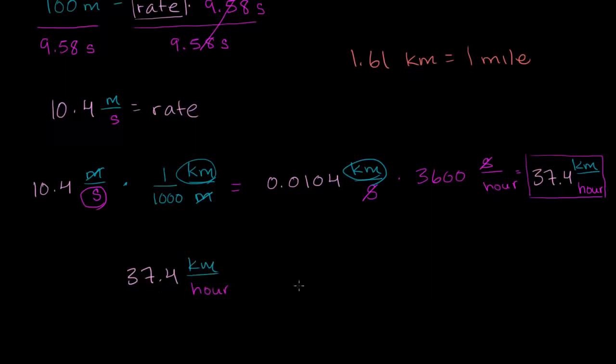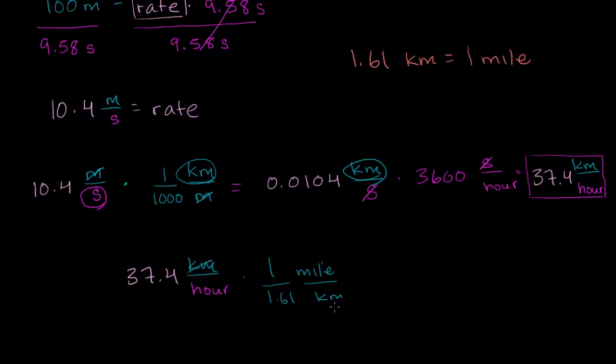So we have, let me write it in blue, 1 mile is equal to 1.61 kilometers. Or you could say there's 1.61 kilometers per mile. And it also, once again, works out with units. We want to get rid of the kilometers in the numerator, so we would want it in the denominator, and we want a mile in the numerator, so that's why we have a mile in the numerator here.